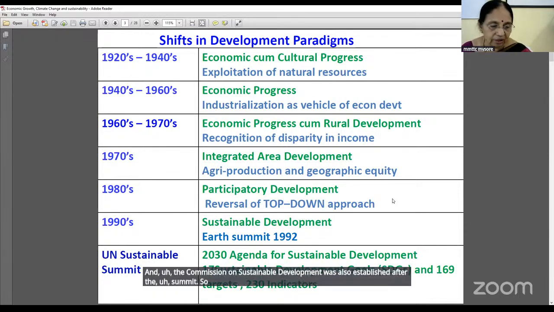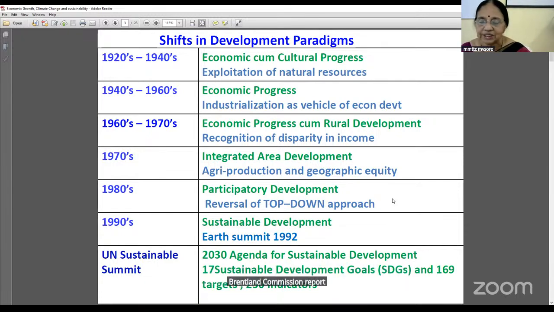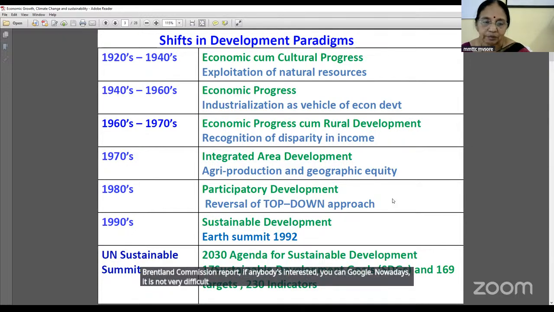The Brundtland Commission report, if anybody is interested, you can Google. Nowadays, it is not very difficult to search for any material. So it is also there, and if you are interested, you can read that report. So that is the 90s.